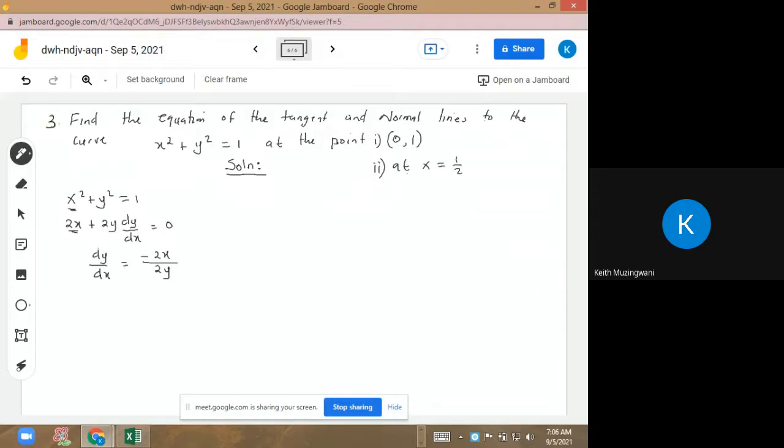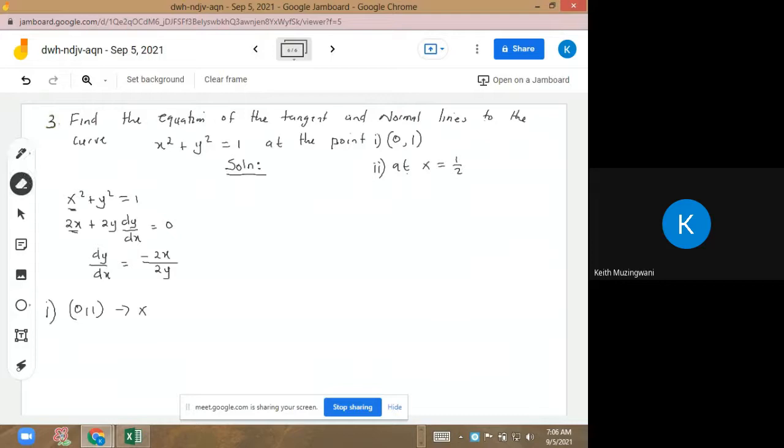Now in this equation, to find the gradient of the tangent, you go to the point 0, 1 and get the values of x and y.